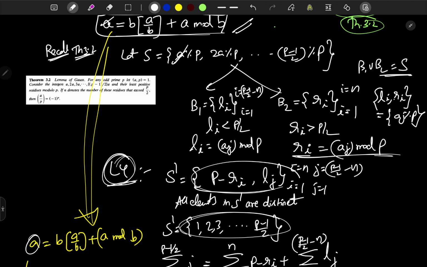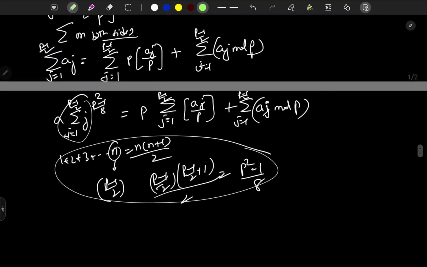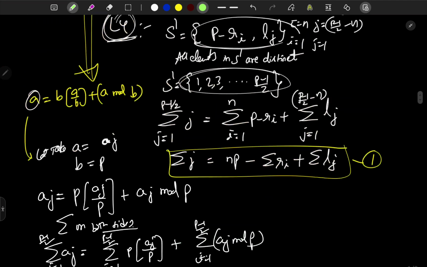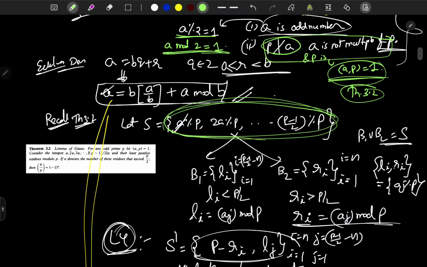See carefully, I am saying this. First of all, what does this term mean? This is sigma a_j mod p, so that means the summation of all elements in the set S. We know that set S is equal to b1 union b2.